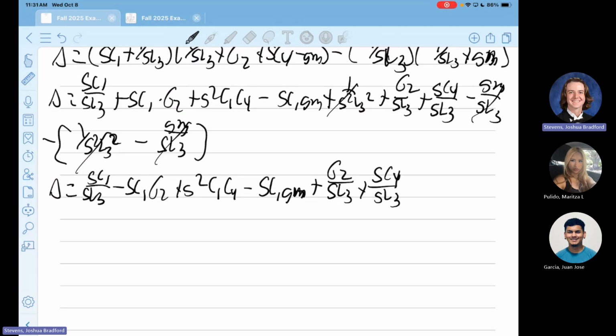I don't like canceling out the S's, as in, I'm not going to do that. The reason is so I know every single fraction has an SL3. If I cancel that out, only ones, it might trip up my brain. So I just keep them there. If y'all want to cancel them, go for it. I don't care.